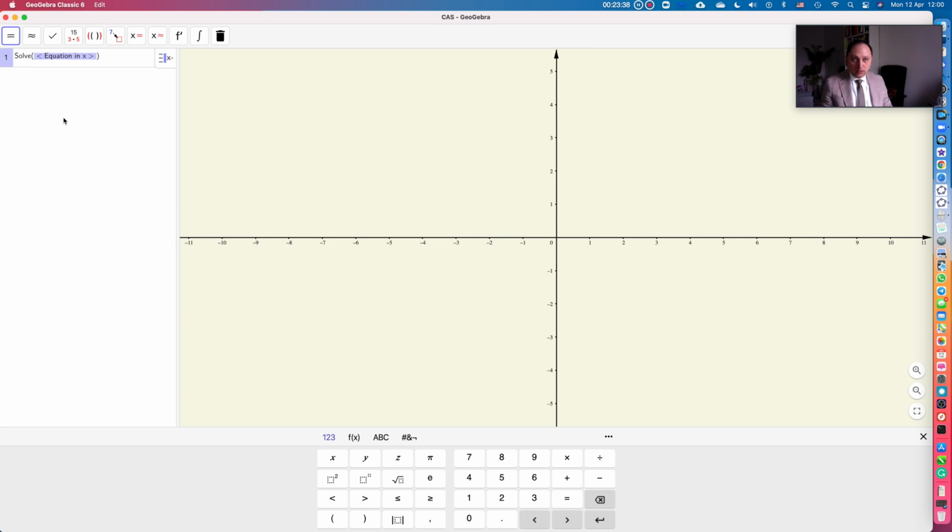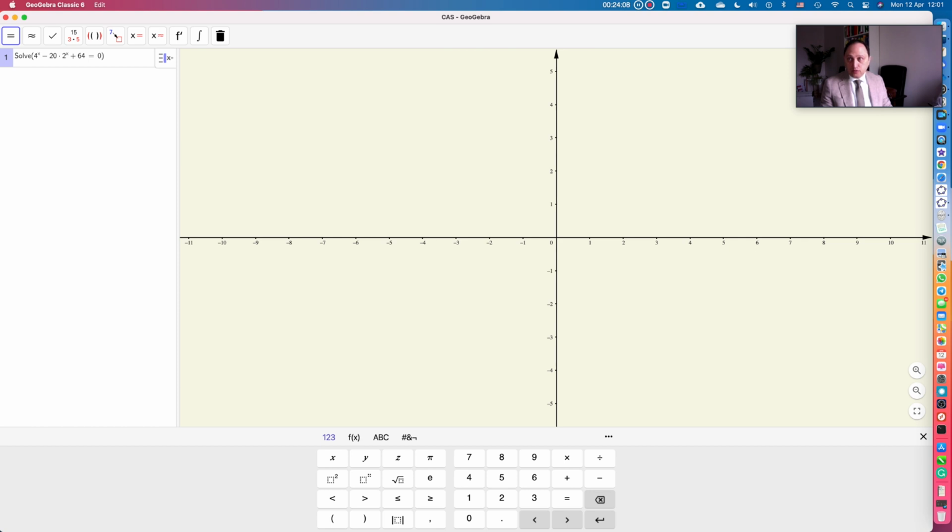And then, by the way, in GeoGebra 6, you can just push delete first to get rid of that, and then you can start typing. So 4 to the x, and then I go down. I have minus 20 times, so let me use times here, 2 to the x, and then I go down once more, plus 64 equals 0.